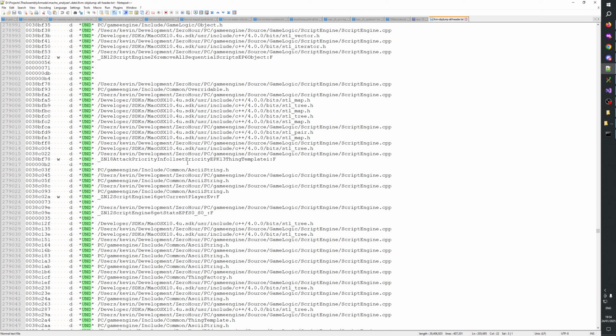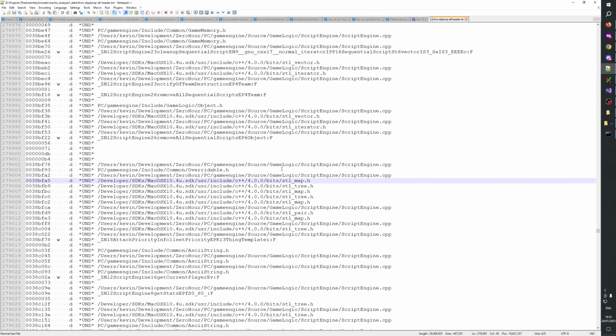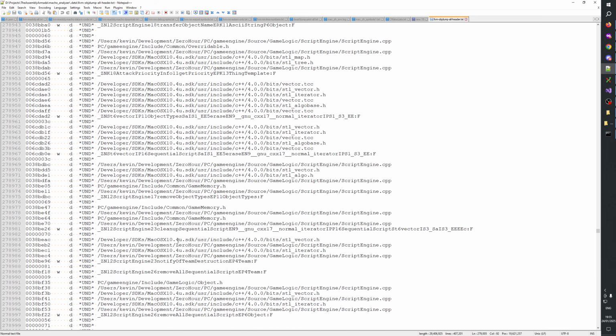Attack priority info. Thing template. Inside script engine. Yeah, maybe. Attack priority info. Yeah. Vector TCC. TCC. That's also weird. macOS. Okay, I don't know how it's there.